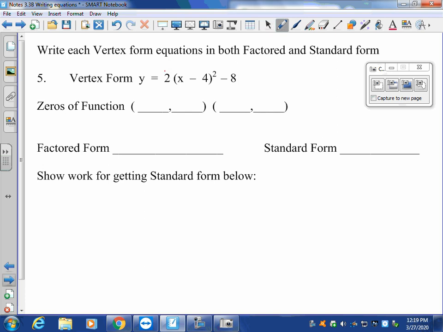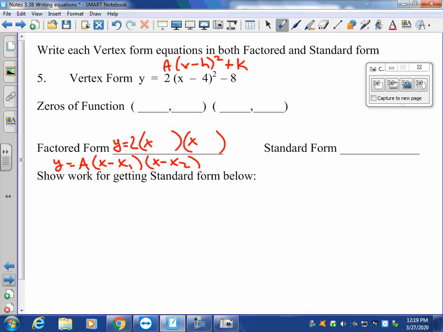So again, this is a(x - h) squared plus k. Knowing where the vertex is not going to help me write the factored or the standard, but the a is, because this is y = a(x - x1)(x - x2). So I already know a is 2 in this problem, so I can go ahead and make my outline.